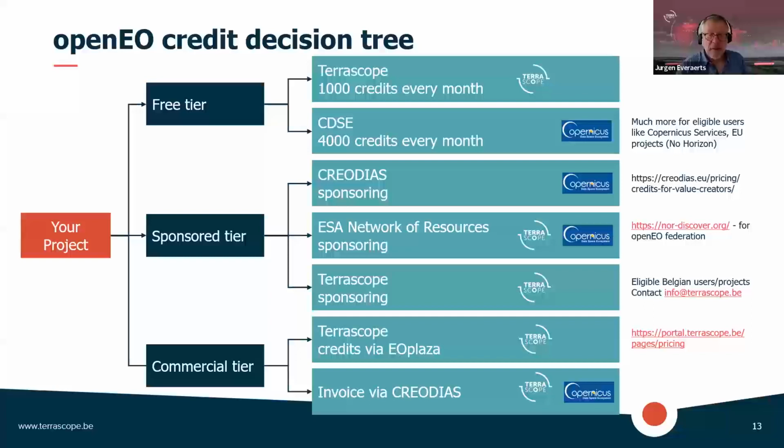And then if you need even more, or you're in a commercial situation where you have lots of processing to do, we can provide you with credit packages via EOplaza or via CryoDS.